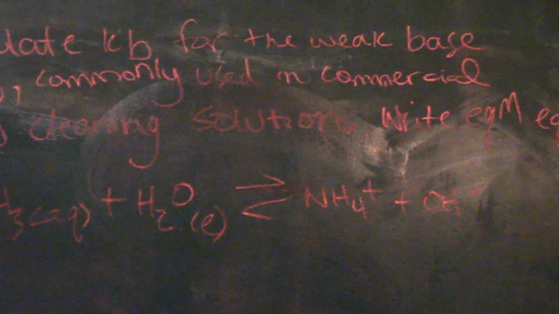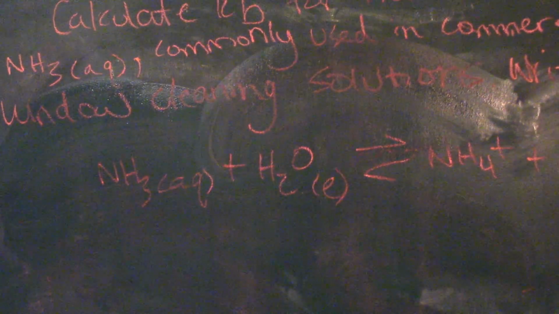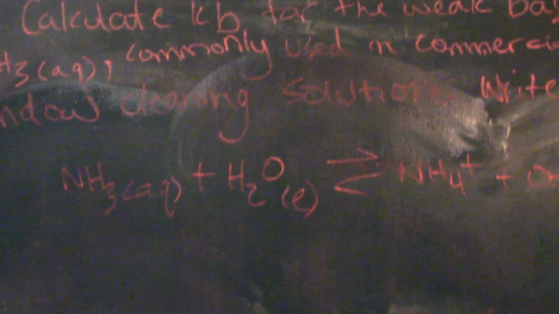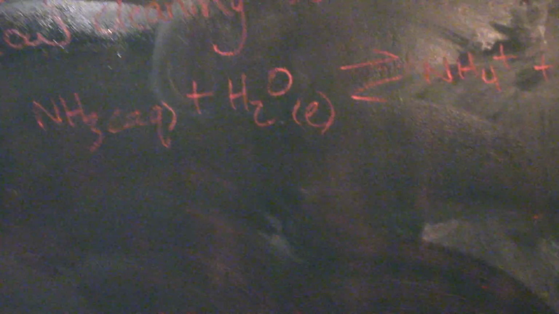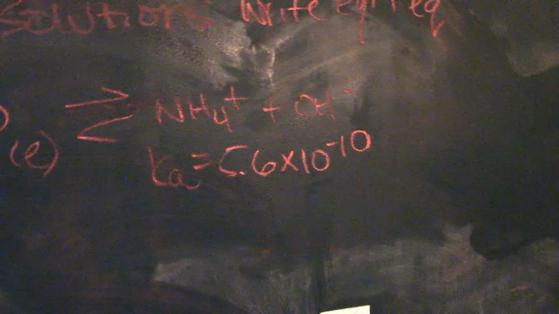Okay, so that's the equation, right? Ammonia is the base, so it's the proton acceptor. Now, from my acid-base chart, Ka equals 5.6 times 10 to the negative 10. Okay, so 5.6 times 10 to the negative 10.